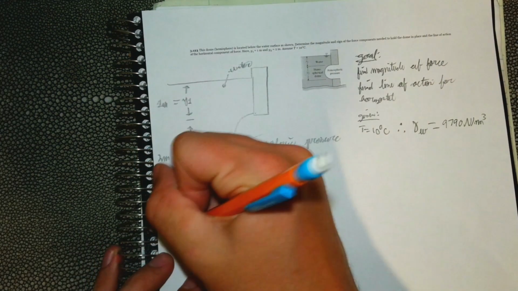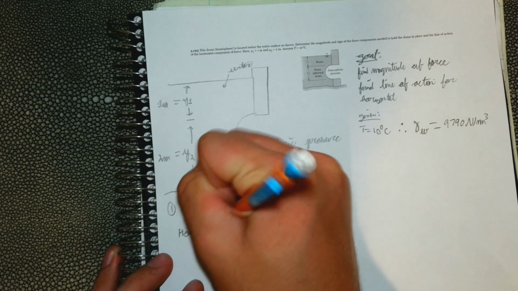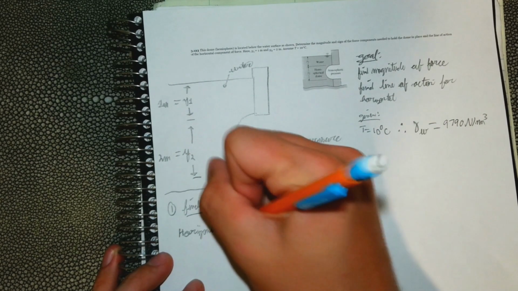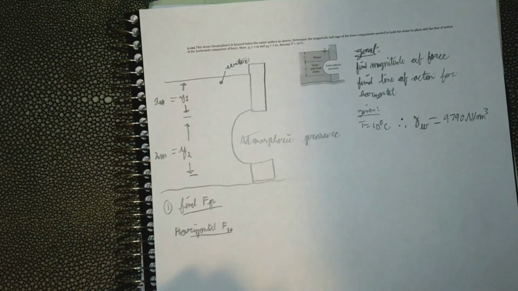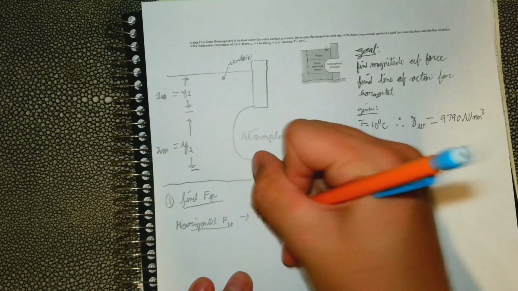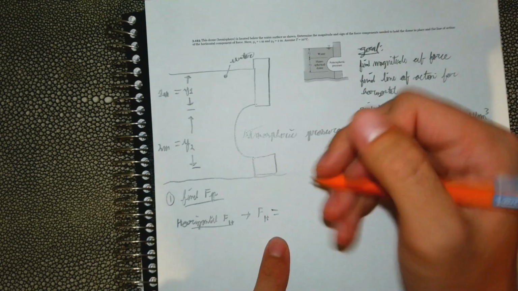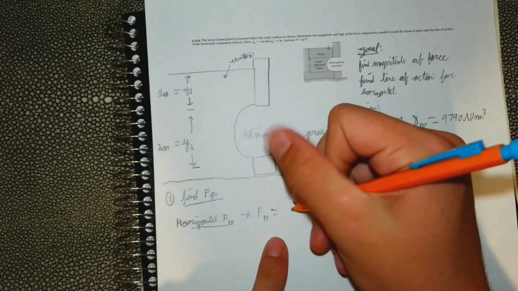So let's find the horizontal component first, and we'll label this as FH. We have the same equation for the pressure force, we're just going to put FH for the horizontal component.